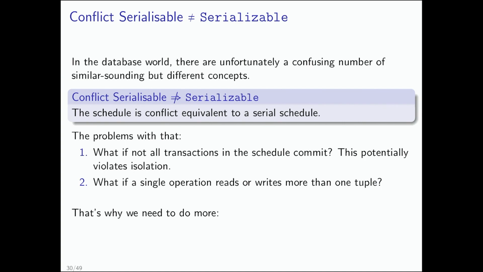One is conflict serializable and serializable, in Courier font, and that's sometimes confusing. If people say it's serializable, what do they mean? Serializable is not the same thing as conflict serializable. Conflict serializable is what we learned about: the conflict operations are in the same order as some serial schedule.